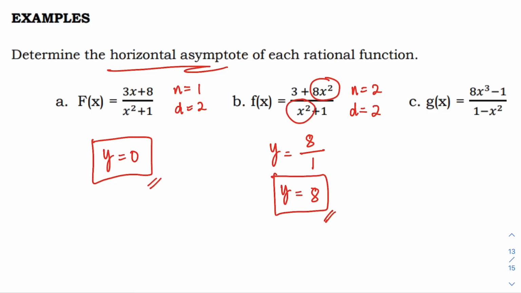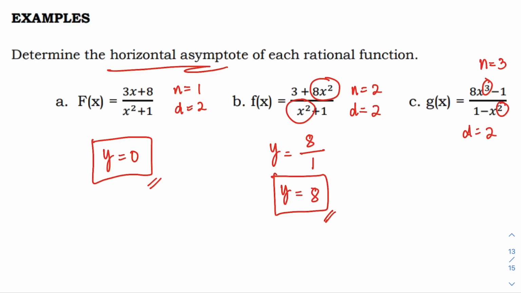Okay? So, next, letter C, we have g of x equals 8x cubed minus 1 all over 1 minus x squared. So, dito guys, ang degree ng ating numerator is equals to positive 3. Then, ang degree ng ating denominator is positive 2.